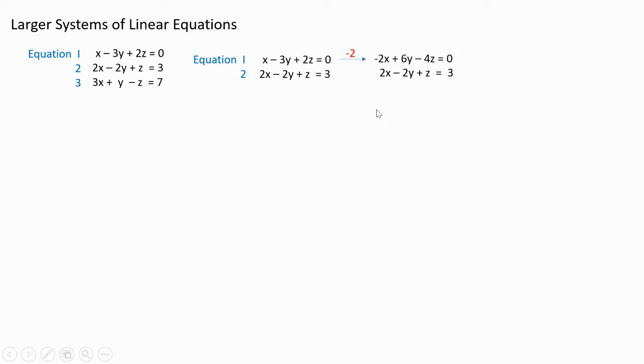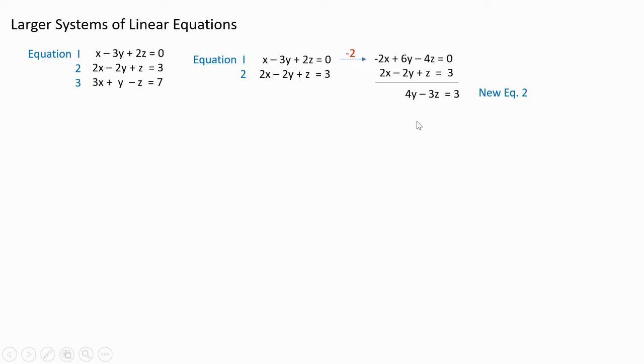And equation number 2, we'll just slide it over, and then we add them, and this is what we get. Because negative 2x plus 2x, they're eliminated. 6y minus 2y will give us positive 4y. Negative 4z plus z will give us negative 3z. And 0 plus 3 will give us 3. So this is my new equation 2.